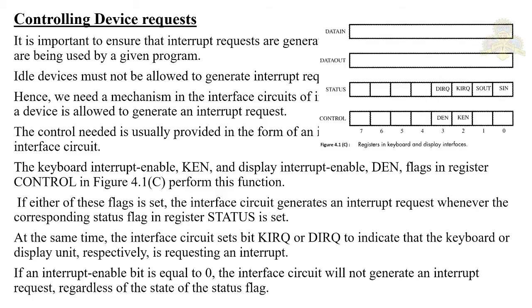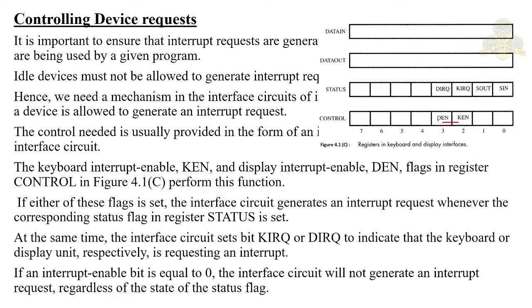If you see this diagram, you can see these two. One is for keyboard enable, the other one is for display enable. Whenever these are set, then the keyboard or the display can raise the request. That means they can raise the interrupt.